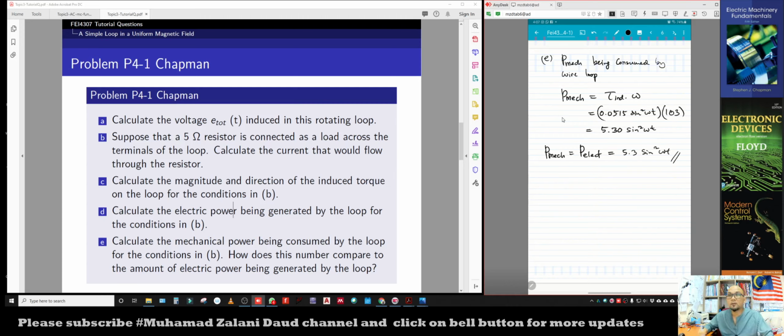Okay, so we can conclude that this machine is acting as a generator that converts mechanical power to electrical power.